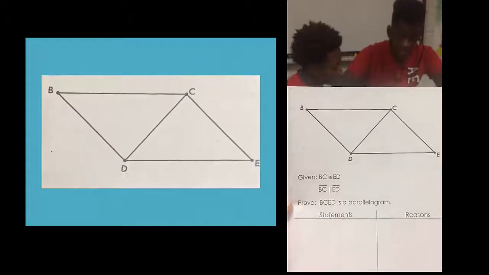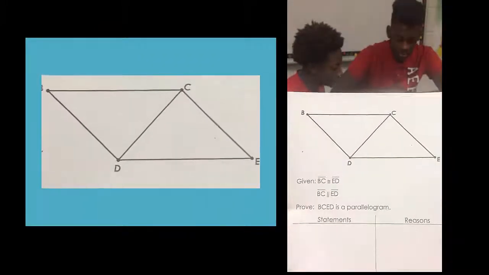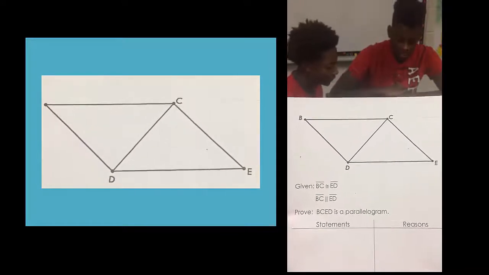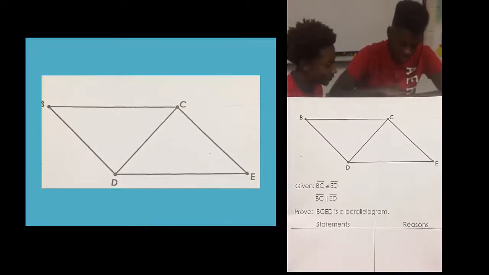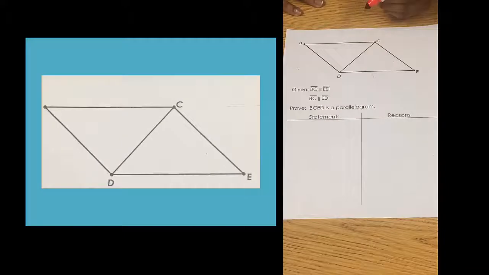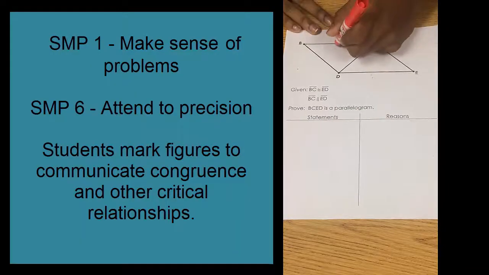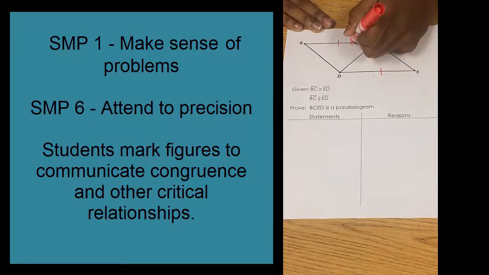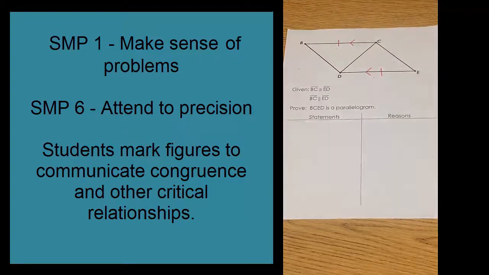What we're trying to prove is that quadrilateral BCDE is a parallelogram. And what we tend to look for in parallelograms is that there are two pairs of parallel sides. And what we have given to us is that line segment BC is congruent to line segment ED, and that line segment BC is also parallel to line segment ED.